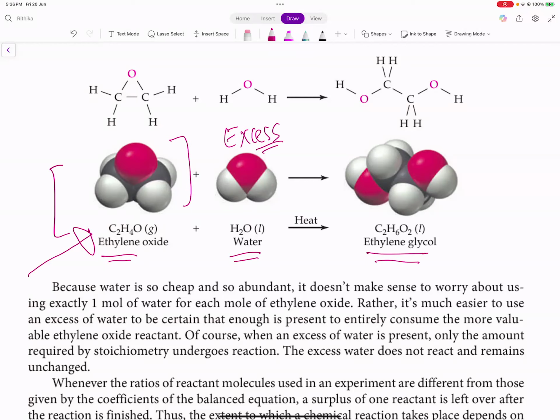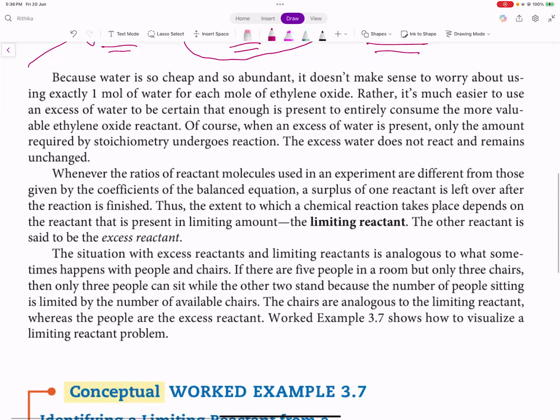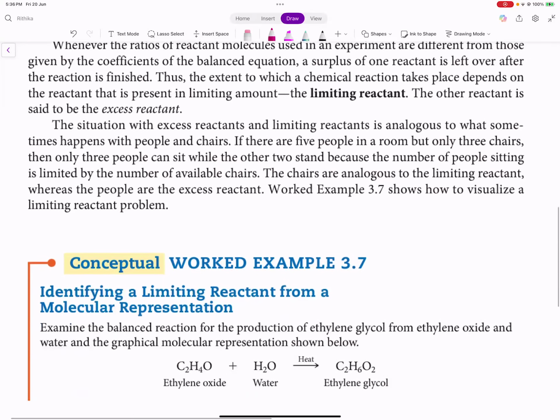I want every molecule of ethylene oxide to react and give me this product. So we call ethylene oxide the limiting reactant, and it decides how much ethylene glycol is going to get formed.